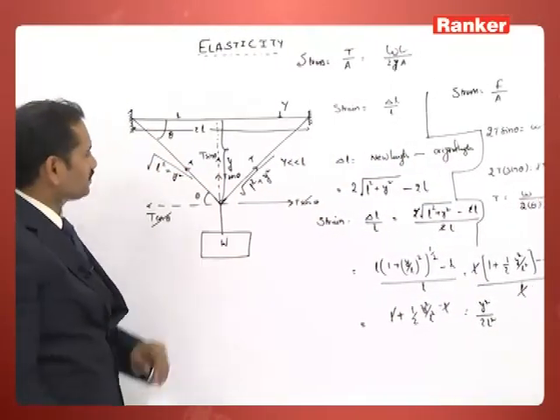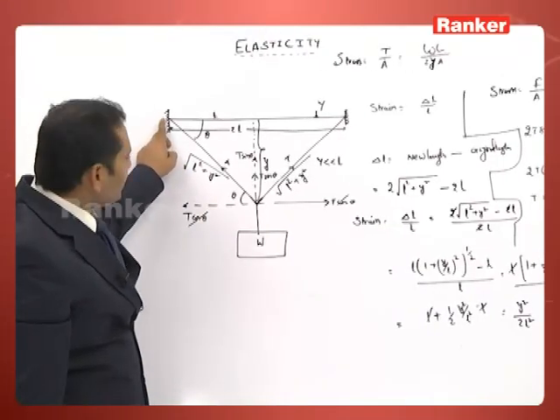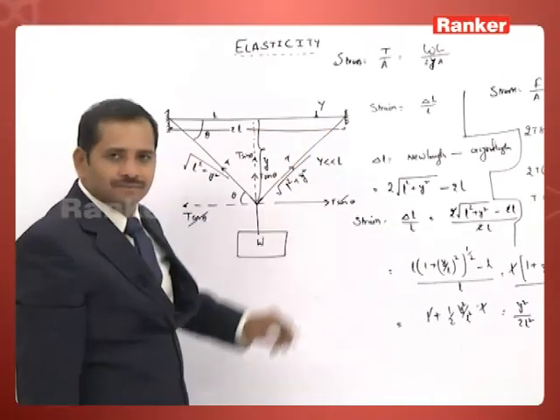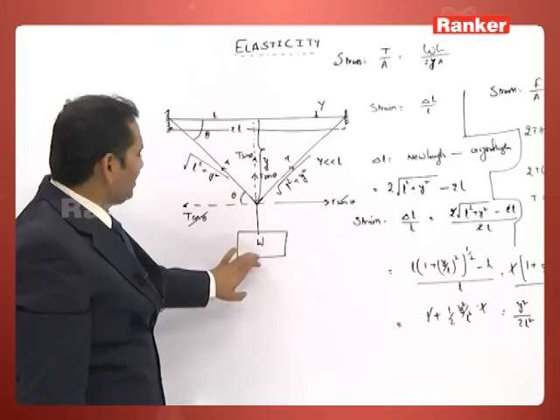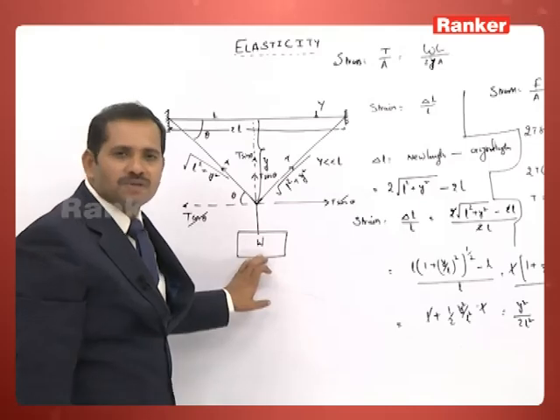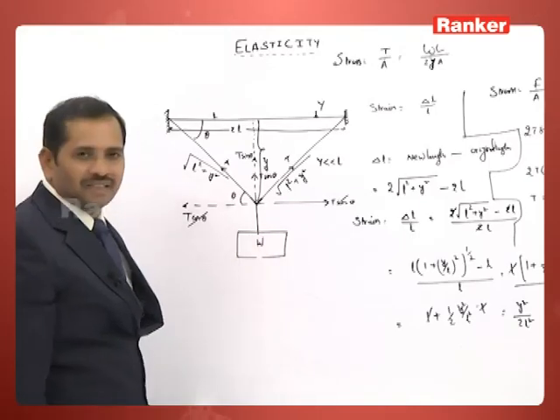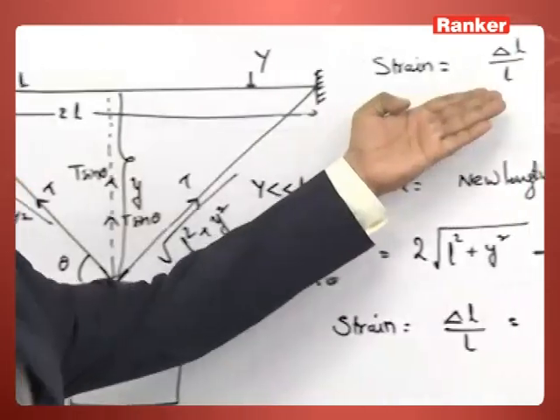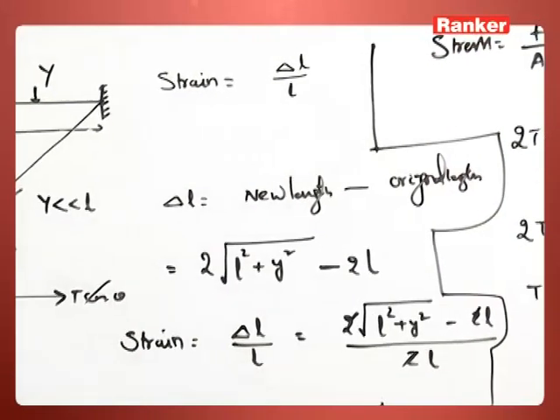Let us see once again. Consider a wire of length 2L. At its middle, I suspended some weight. What is the strain produced in the wire that I want? Strain equals change in length per original length.